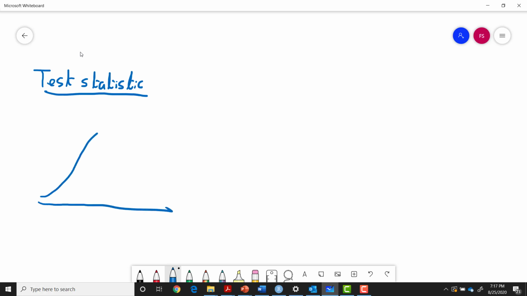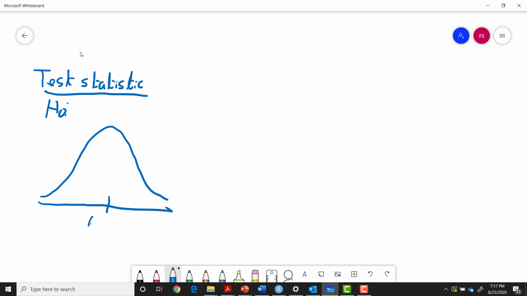Now the test statistic. So again, it's like we have our sampling distribution, as we did before, which is centered at, in this case, for H0, we're assuming that they're 0.